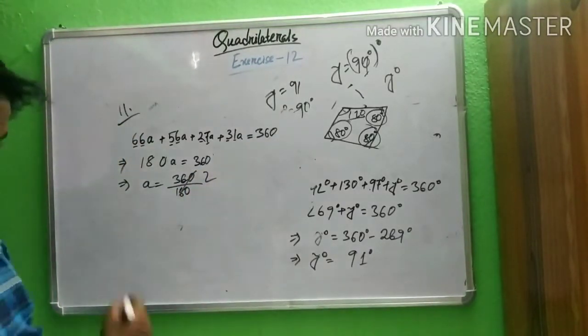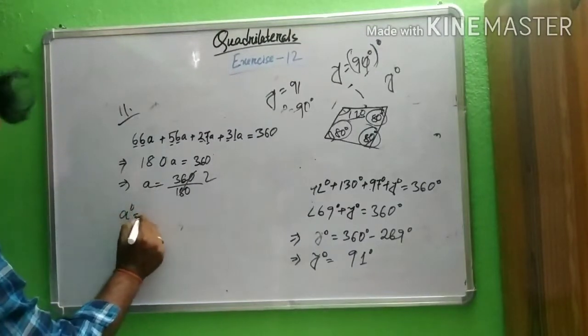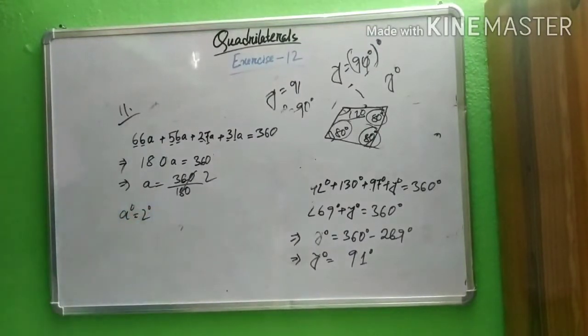So the value of A degree equals 2 degrees. Here also write: value of A is 2.